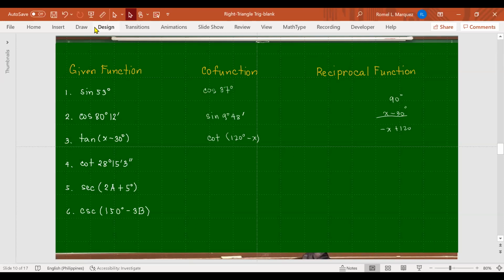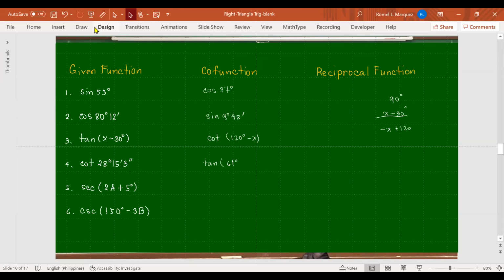What about cotangent 28 degrees, 15 minutes, 3 seconds? What's the cofunction? Tangent. What's the angle? For 28 degrees, that's around 61 degrees. Then may natira pa tayong 1 degree, no? Kasi 28 saka 61, ilan yon? 89, no?